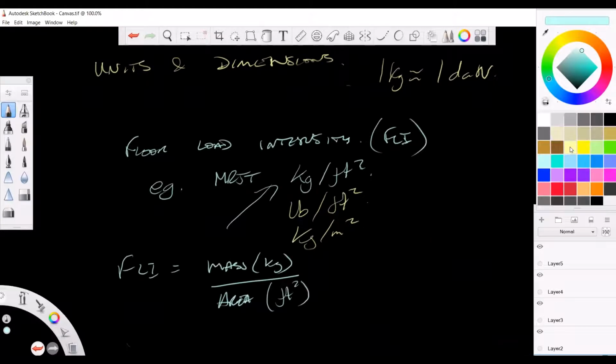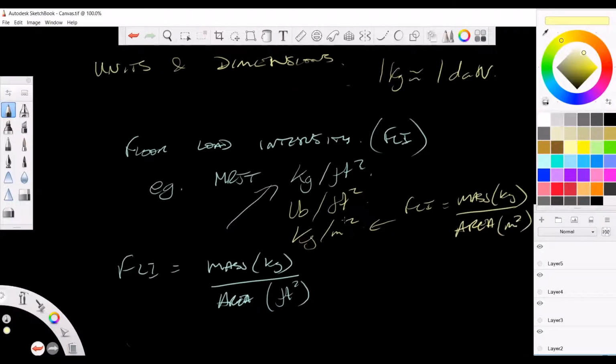Whereas if I had a more sensible one, say the Super Puma, which in reality is in kilograms per square meter, for the floor load intensity here, I would take the mass in kilograms and divide it by the area in square meters.